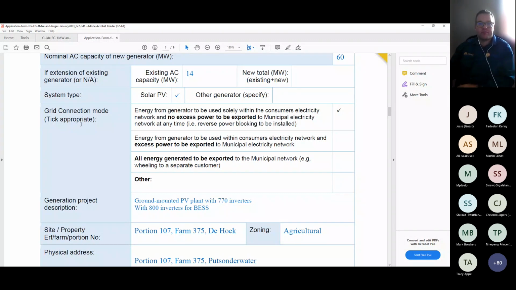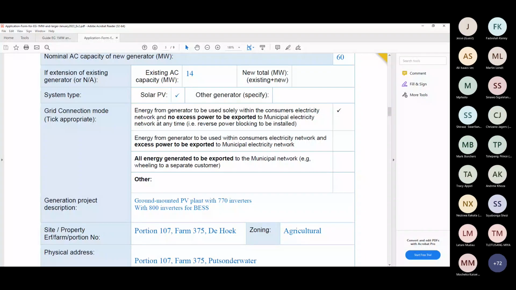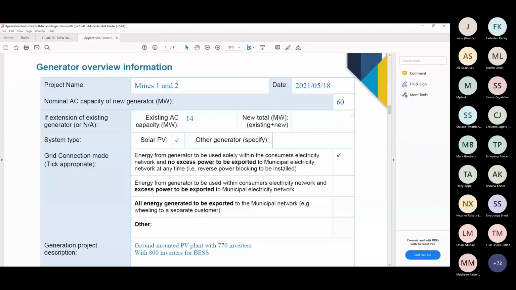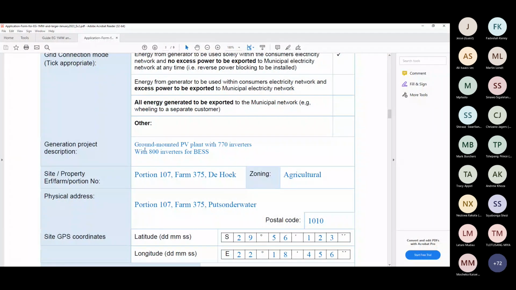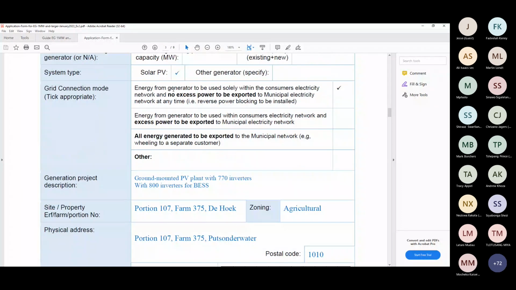And he's only going to do this. There's no excess power to be exported to the municipality. So you can do some sanity checks here already, but I'll share this and you can look at it later. Okay, ground mounted PV plant with a lot of inverters and a lot of inverters for a battery energy storage system. So this starts to link back to the no excess power to be exported, because they're going to basically balance their load.